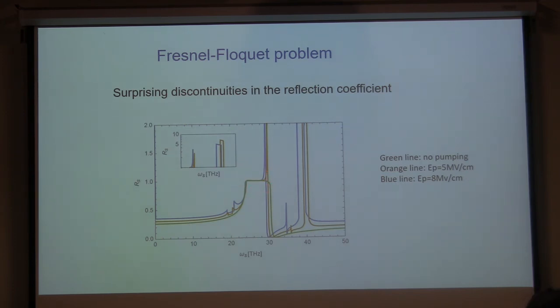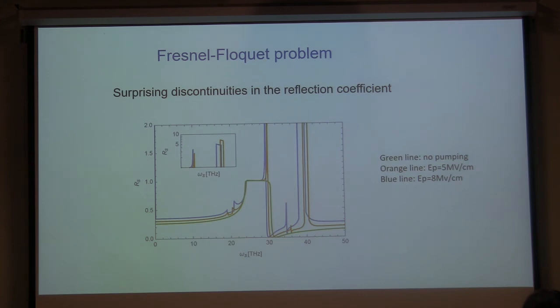This is in the regime between the upper and lower Polariton band, the so-called Reststrahlen band. But as we start introducing pumping, if we pump the system, we find that the reflection coefficient just suddenly explodes. So we can get a reflection coefficient in the simplified model which is extremely large.